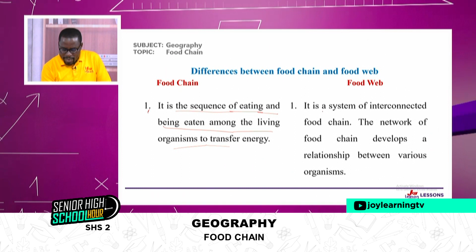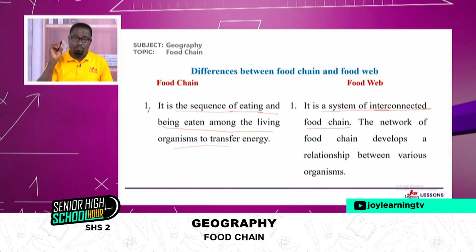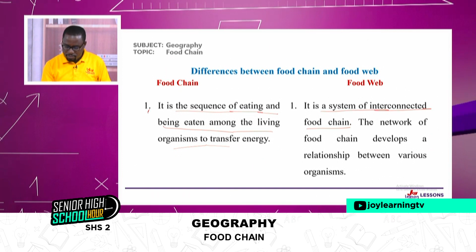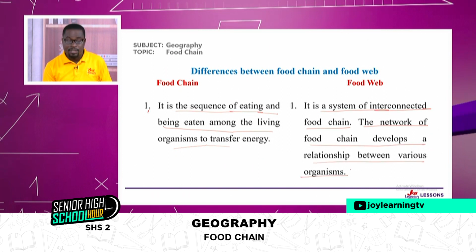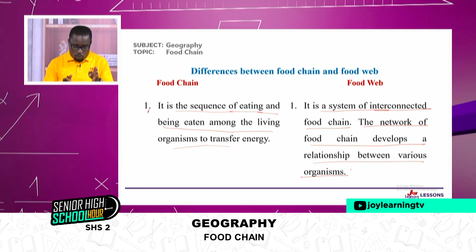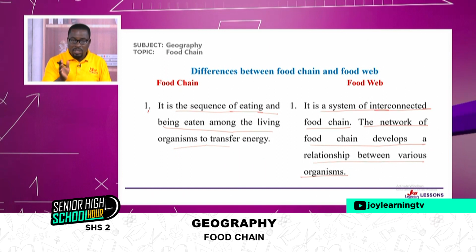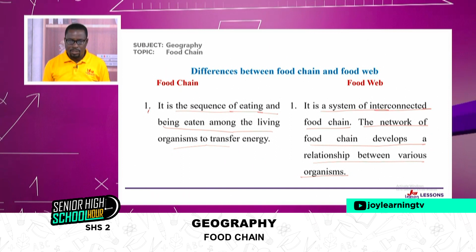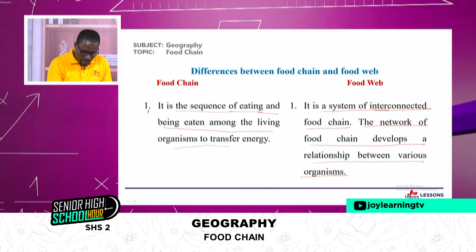A food web is a system of interconnected food chains. The network of food chains develops a relationship between various organisms. So not just a single pathway by which energy is being transferred, but different pathways. Is that okay? Good. Let's see if we have more.